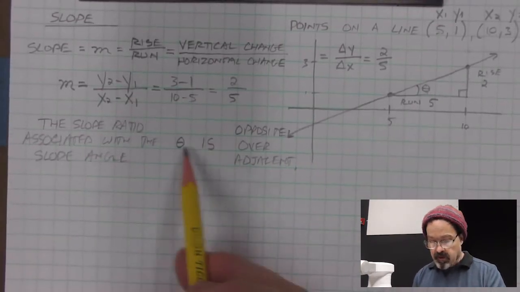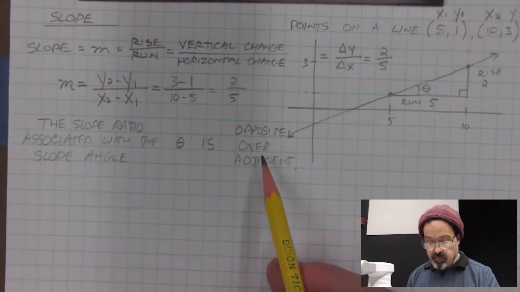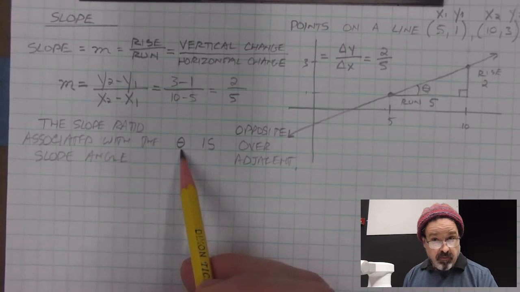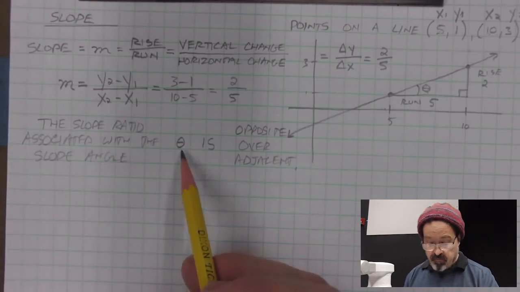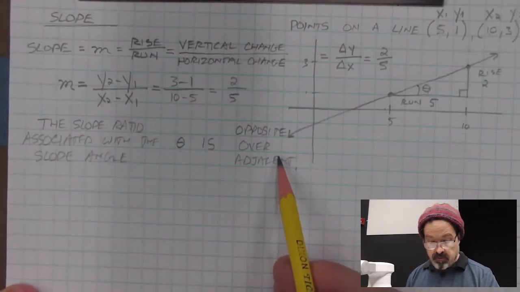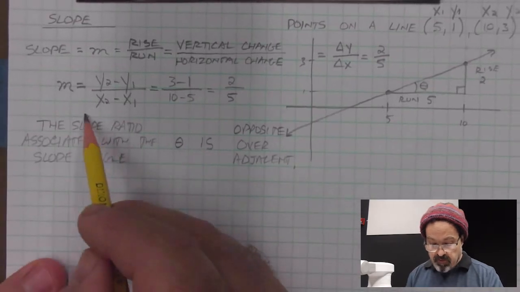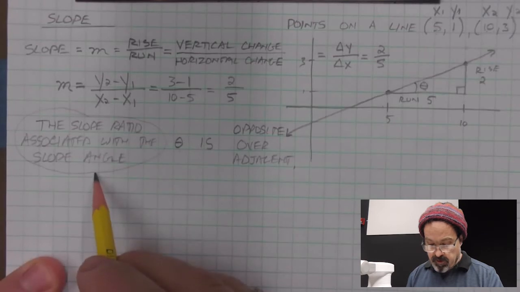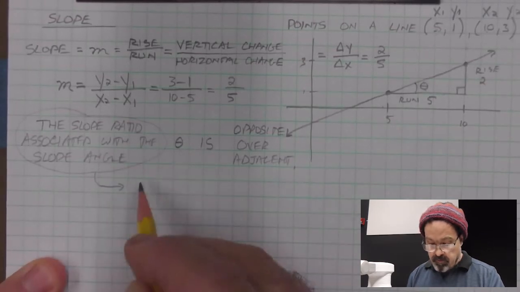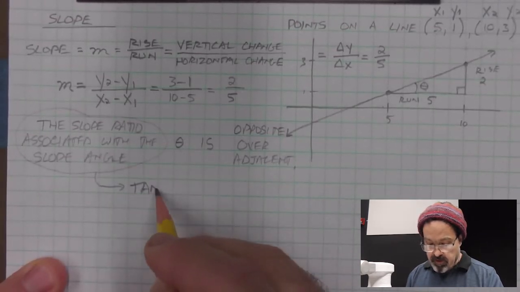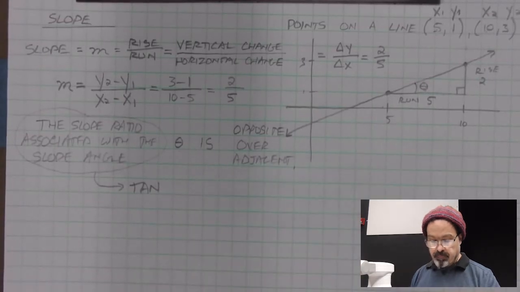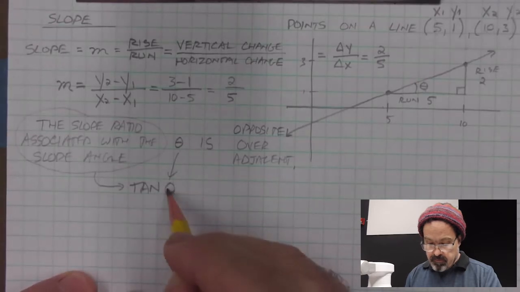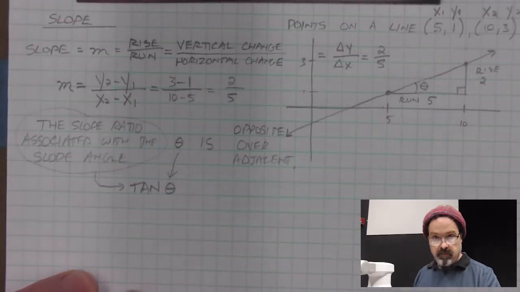So I've organized this relationship between the slope ratio and the slope angle in this odd way because we have a shorthand way of presenting the same information. These words and what they mean are captured in a word called tangent, abbreviated TAN. The angle is still theta.